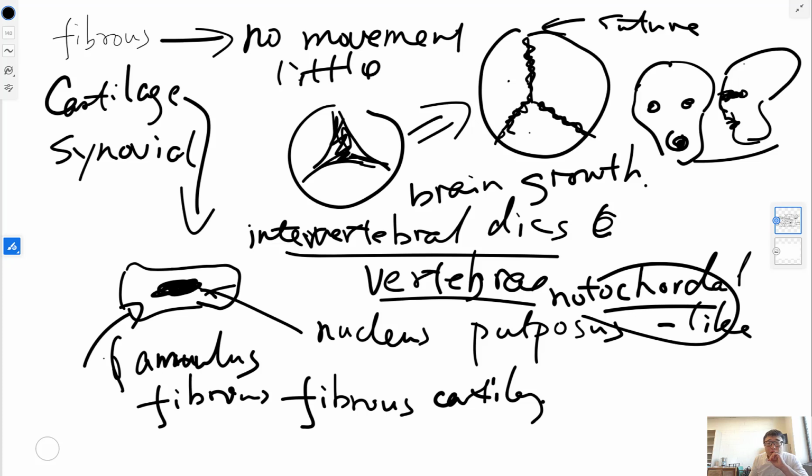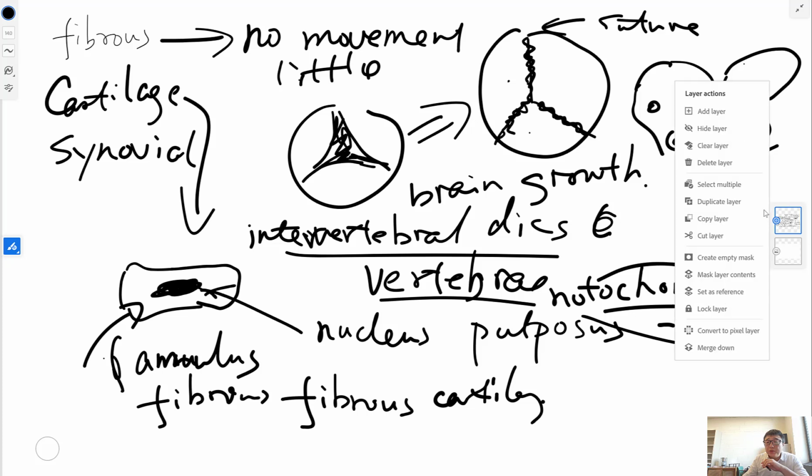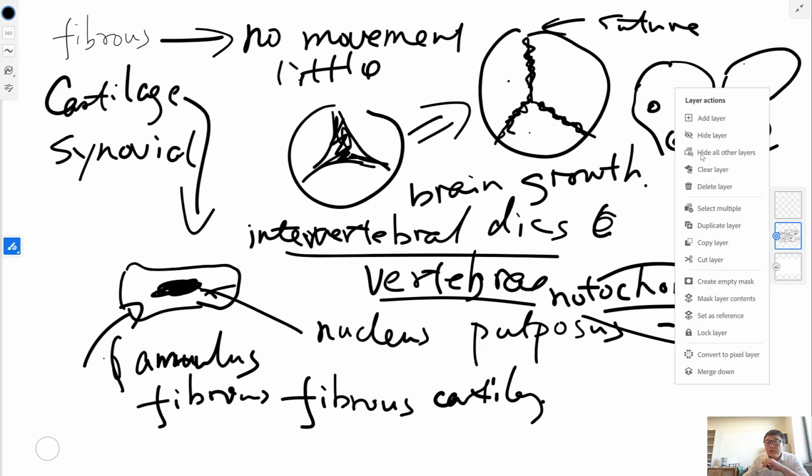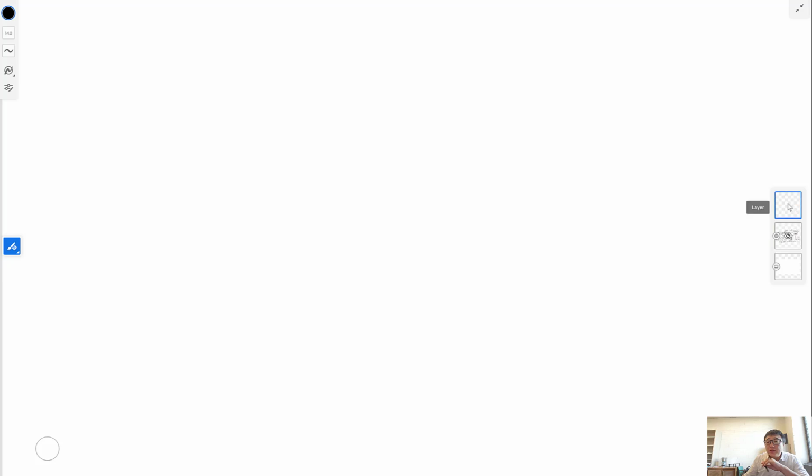I need to get a new page before this. Okay, never mind. So the product here, right? Okay, I'm going to use a new layer, and I can hide this layer. Yes, new layer. Good. A new page. Okay.